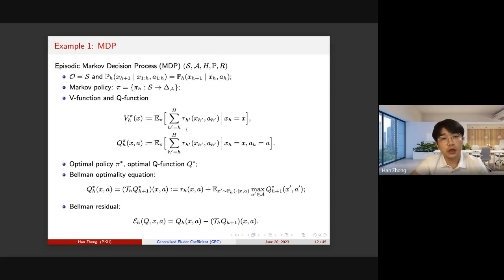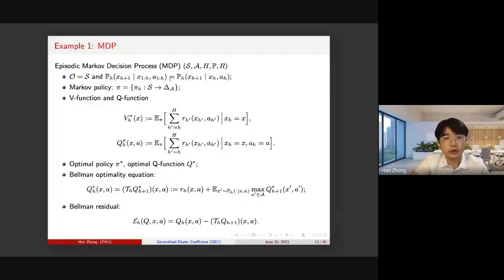Our general interactive decision making captures the MDP as a special case. The episodic Markov decision process is defined by (S, A, H, P, R). Since in MDP there is no partial observation, the observation space is identical to the state space. Also, the transition dynamics satisfies the Markov property, which means that the next state only depends on the current state and action.